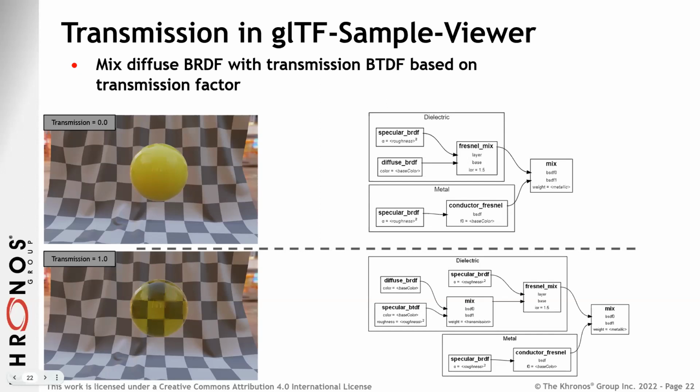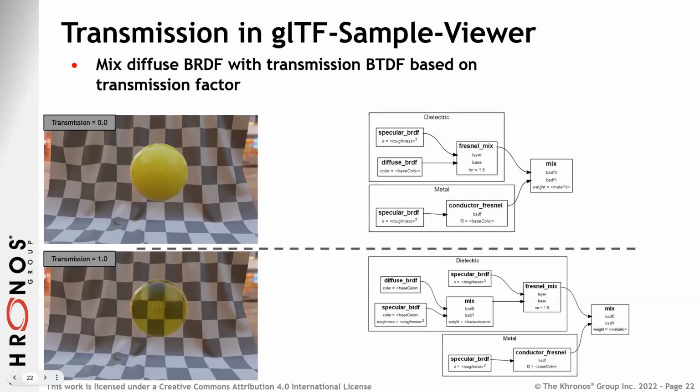So just note the R and the T in those functions there. The R you're familiar with, the BRDF, that's the bidirectional reflection distribution function, and the T stands for transmission, right? And what that specular BTDF box is representing is an approximation of specular light transmitted through a surface.